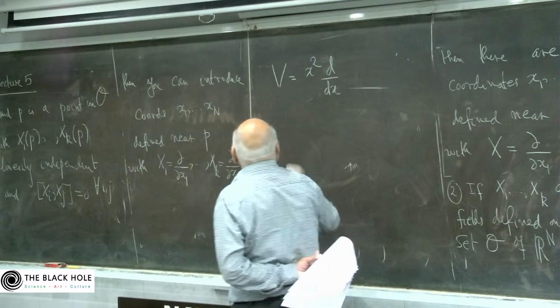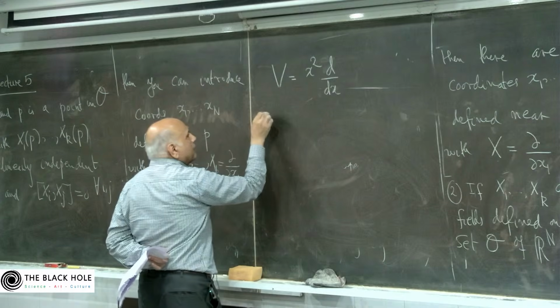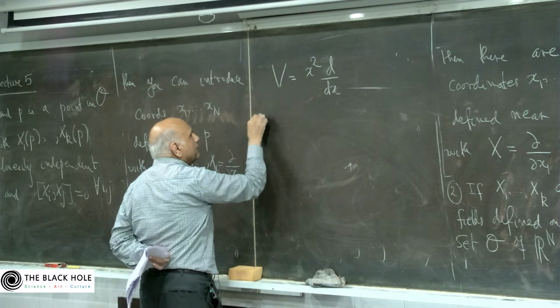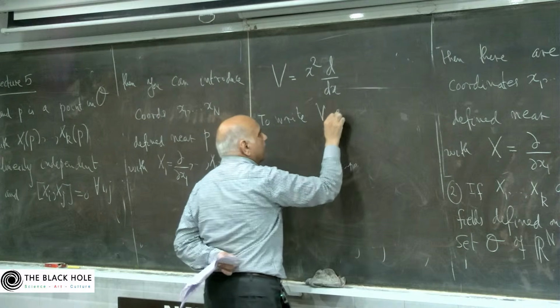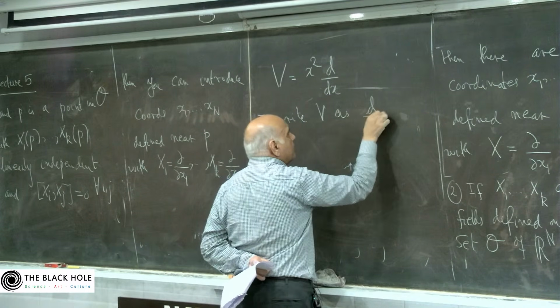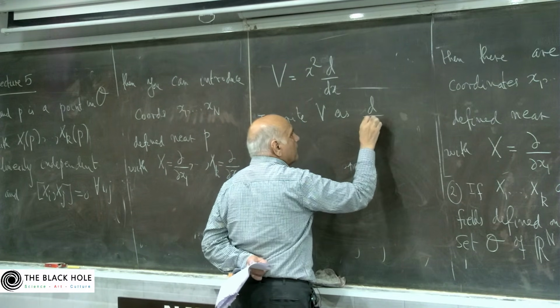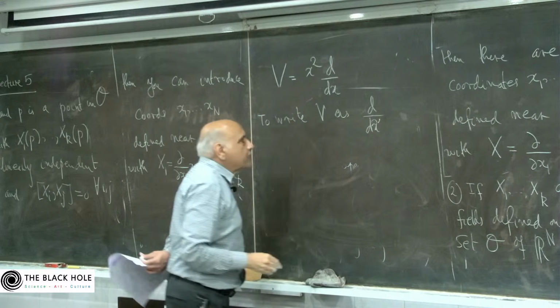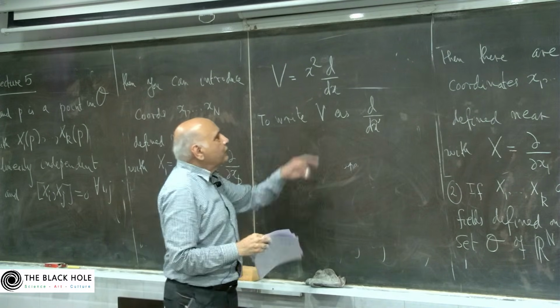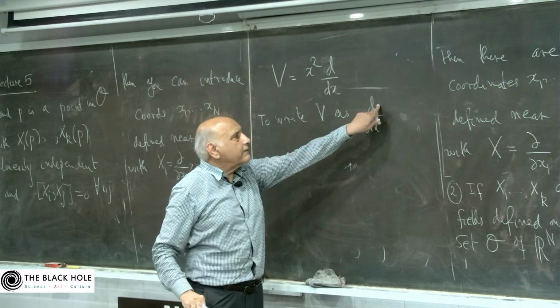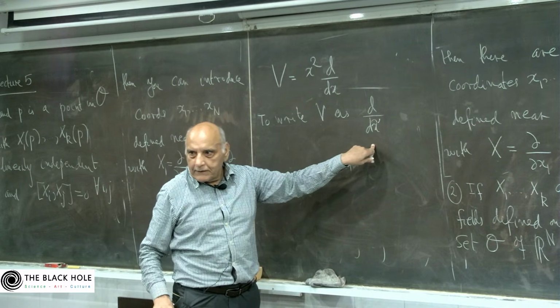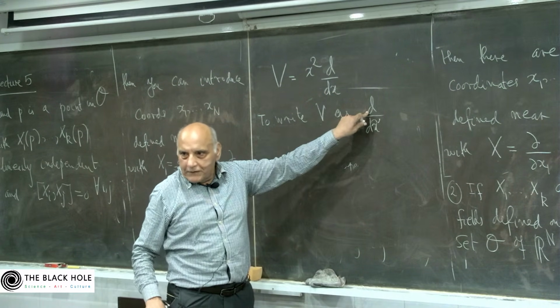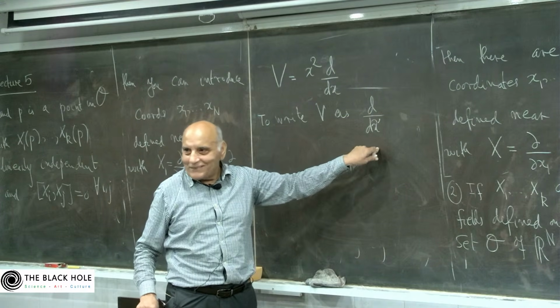So to find canonical coordinates, I have to write v as d by dx tilde. I have to find a function so that v of x tilde is 1, because d by dx tilde of x tilde is 1.